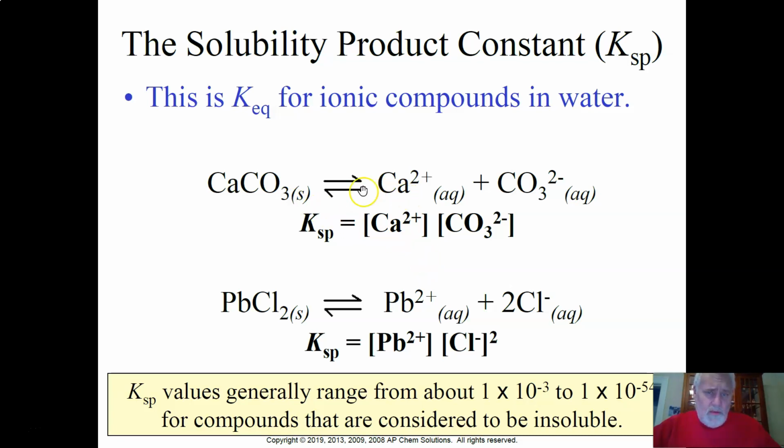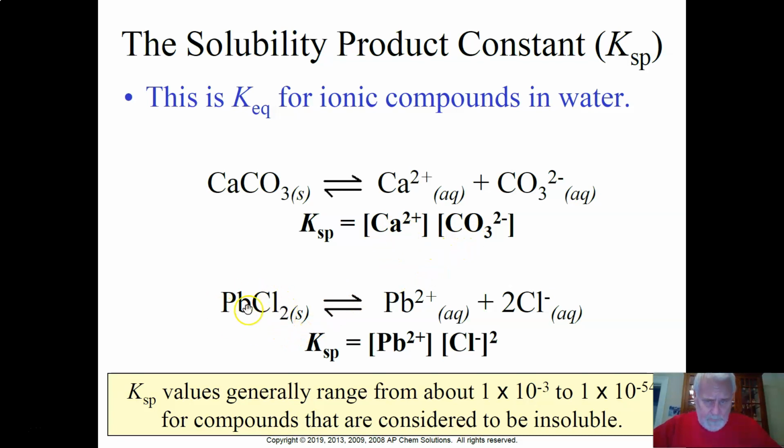So this breaks into its two ions, one monatomic, one polyatomic, and that's two things. I think some people get confused by that and think it's more complicated than that, but there's a calcium ion and a carbonate ion that it breaks into. So your expression becomes the product of those two things. That's why it's a solubility product.